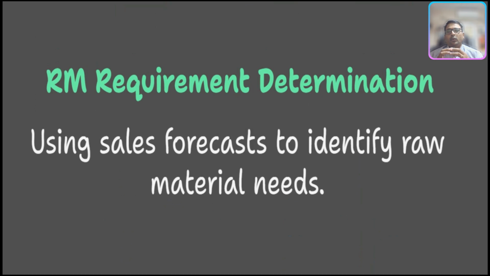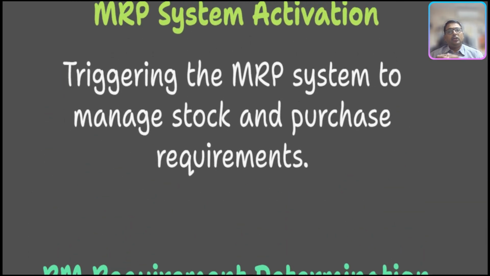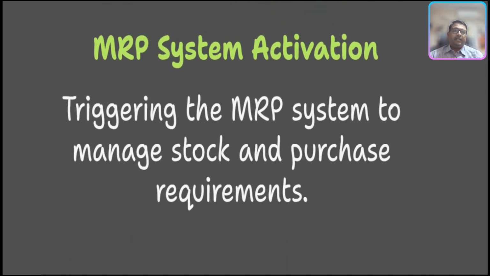The second step would be to determine what raw materials would be required to satisfy the sale. And this is done through a system. It is generally called the material requirement planning, MRP system, which in most of the companies is automated.